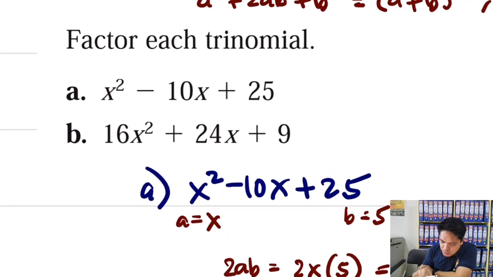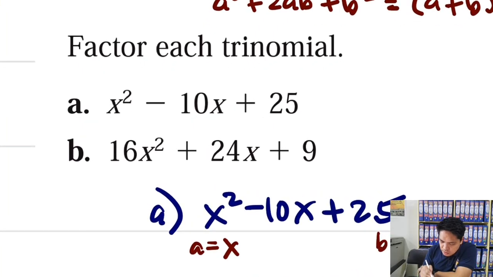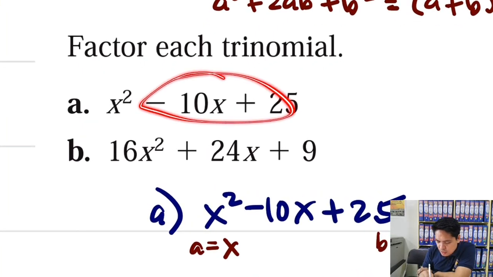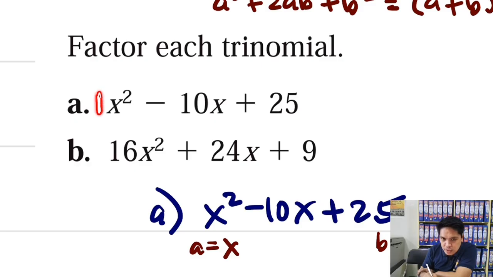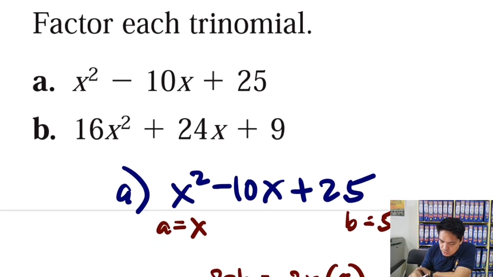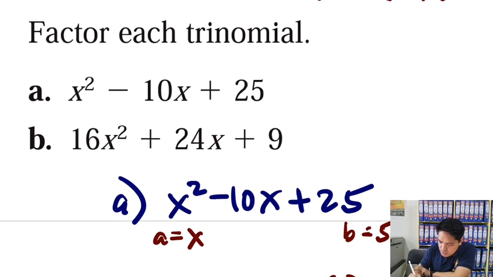In this case naman, that test is true if the leading coefficient is 1. Now, here, the leading coefficient is 16. So, ang pwede natin gawin for the leading coefficient to be 1, we divide all terms by 16. So, 16x squared divided by 16 is x squared.